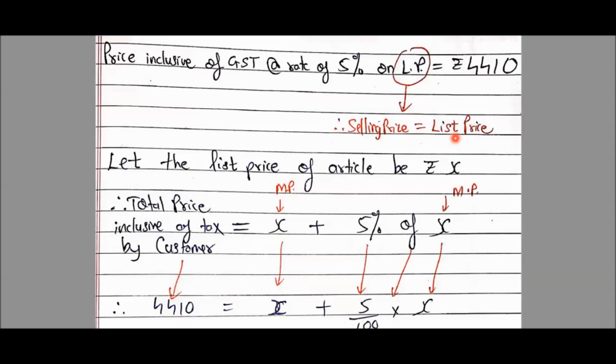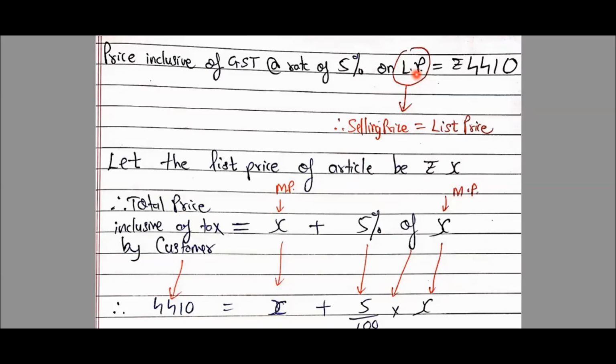Price inclusive of GST at the rate of 5% on listed price LP is rupees 4,410, given to us. Can I say what came inside this 4,410? Both things came: the basic selling price of the dealer or shopkeeper and the tax. And it's very clear that there is no discount given to the customer because it is clearly mentioned that tax is calculated on the listed price.